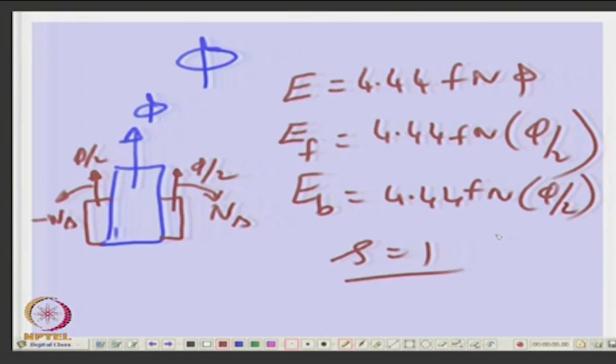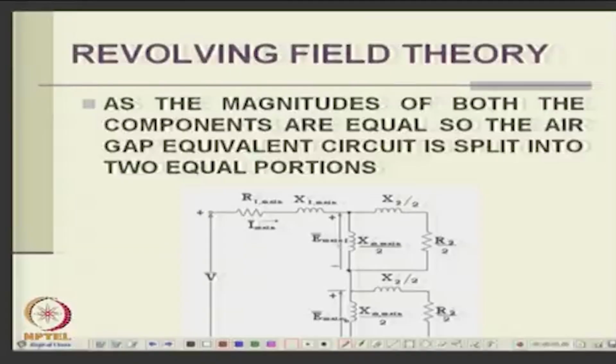Agreed. So, I have two, but this is rotating, so it will be inducing voltage. So, we have E main forward and E main backward, and what is the magnitude of the voltage induced? It will be half of what would be produced by the net field.